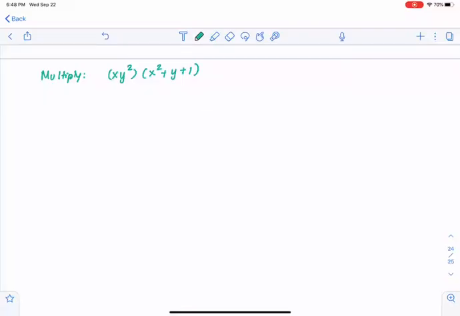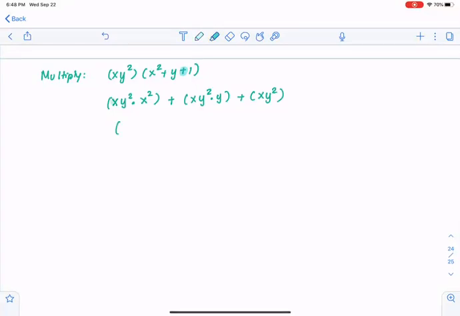Here we have xy squared multiplied by x squared plus y plus 1. So xy squared times x squared. We have a plus here, so plus xy squared times y. We have a plus, xy squared times 1, which is just xy squared.